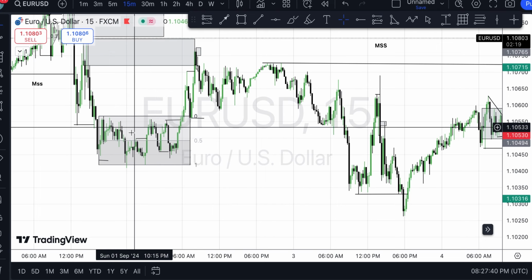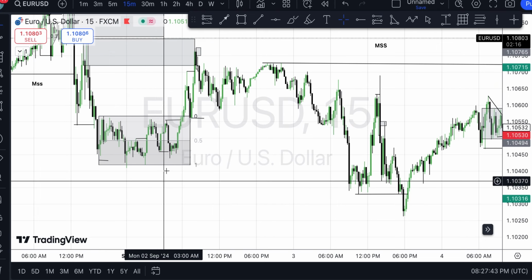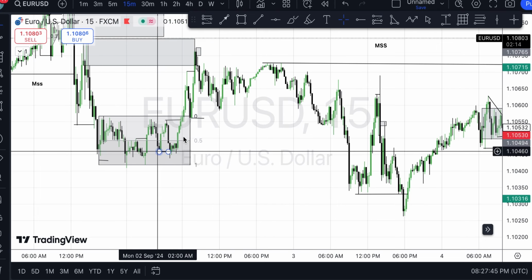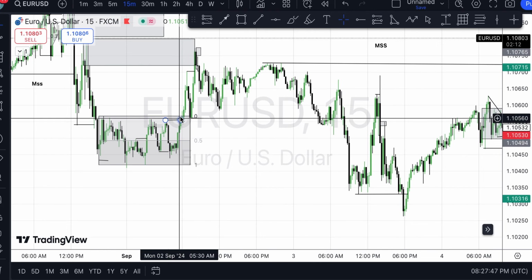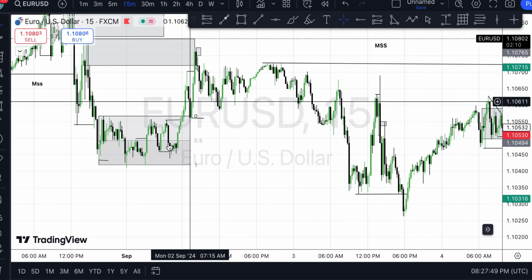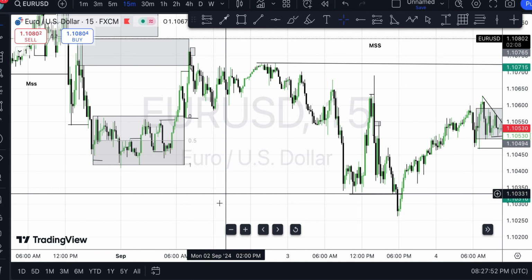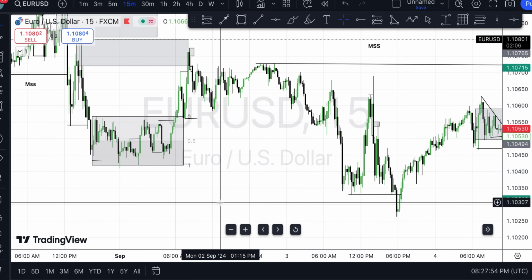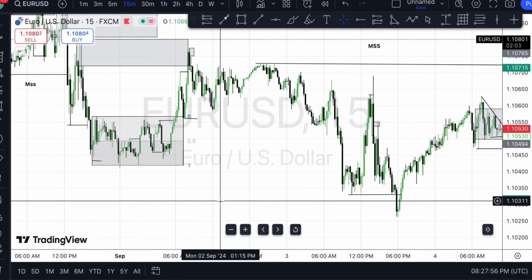So this is an example of a ranging market. When you see something like this, you don't trade, you wait for it to break out of this zone before you can have a direction of what the market is trying to do.